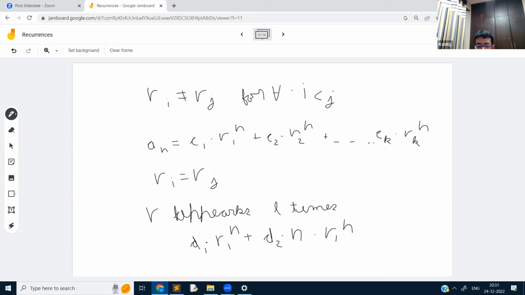So for example, this is n to the power 0, the first one. This is n to the power 1. And so on we proceed. This will be n to the power k minus 1 into rk to the power n. So are there any questions about this? I will explain with examples also. Okay, so I will proceed.